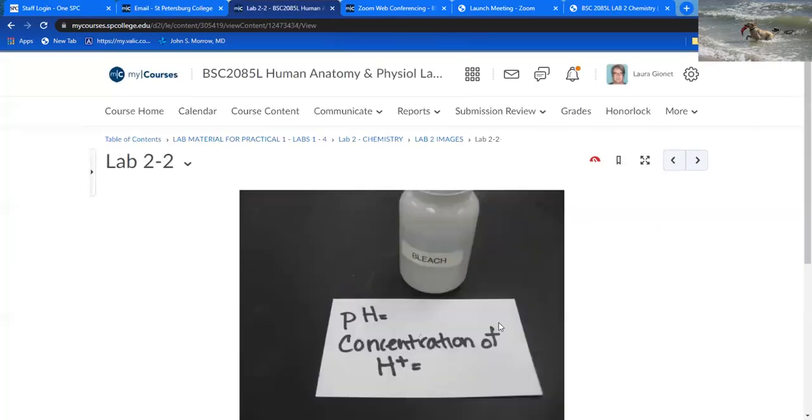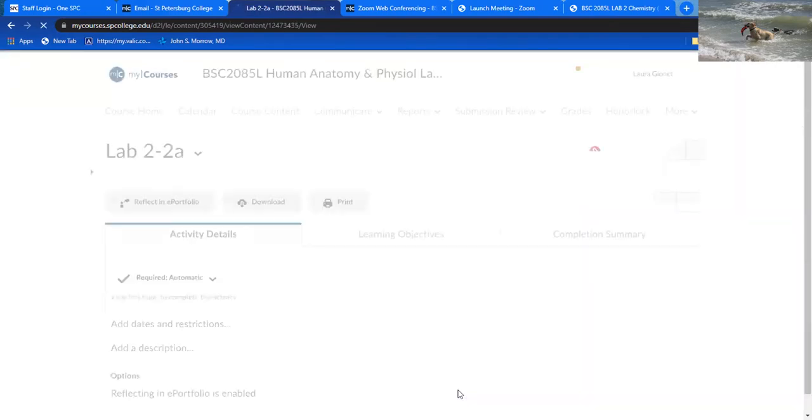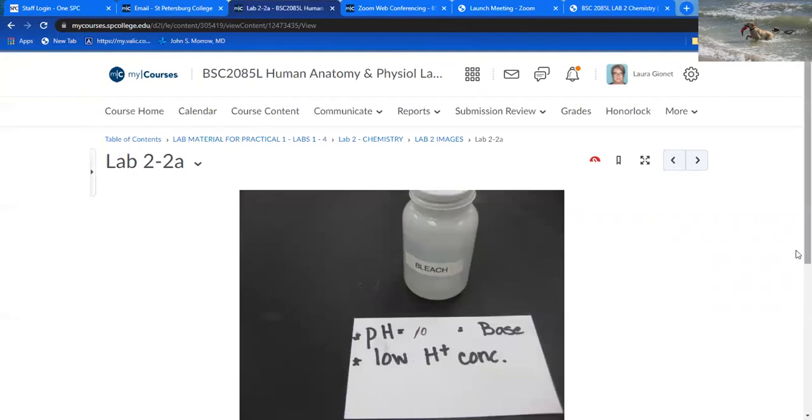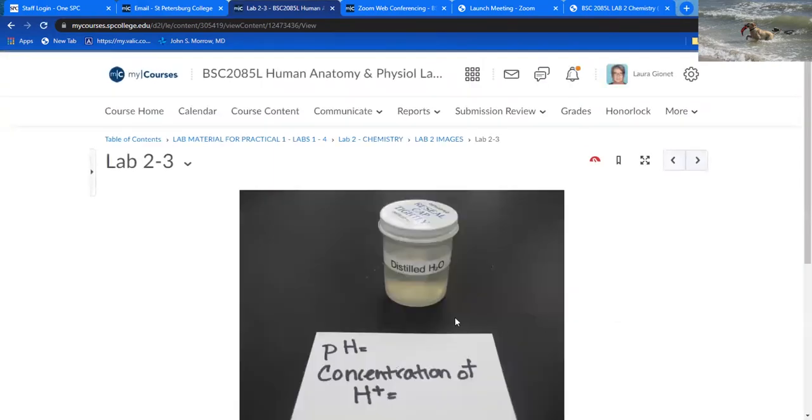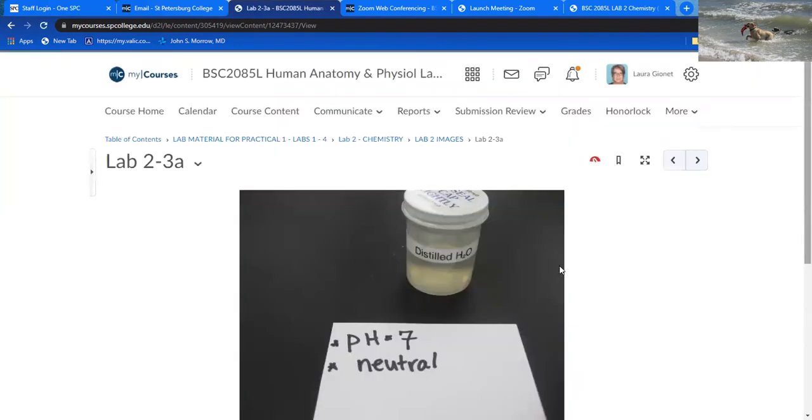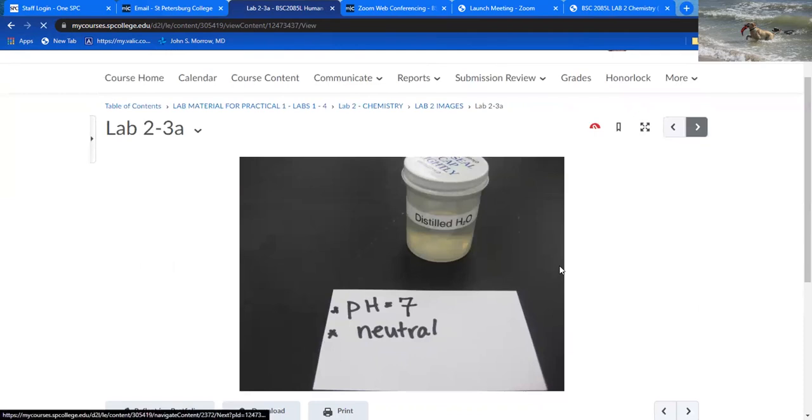And that goes for any of these fluids. Bleach: it's not important that you know the exact value, but that it's about 10 or 11. It's a base, or alkaline, with low hydrogen ion concentration. Distilled water would be 7, and the hydrogen ion concentration would be neutral.